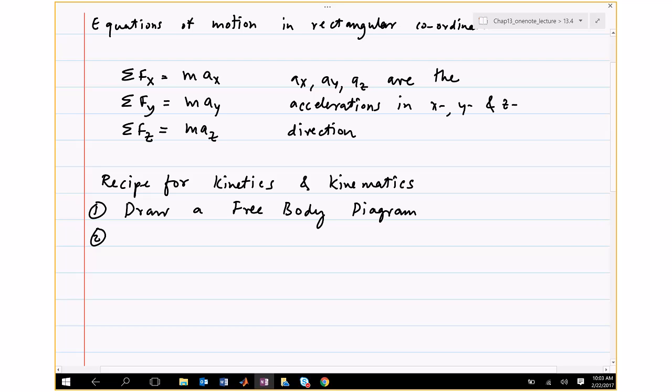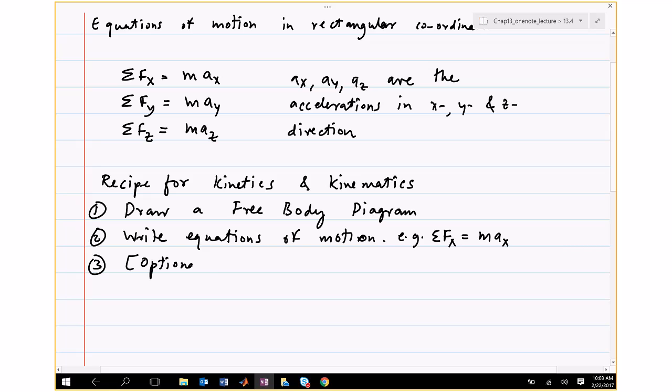Then write equations of motion. So that would be F equals ma. There'll be F equals ma in x, y, and z. And then this part is optional and really depends on the problem you're solving. Sometimes you want to find the velocity or position. What you do in this case, you integrate the acceleration to get the position or velocity.